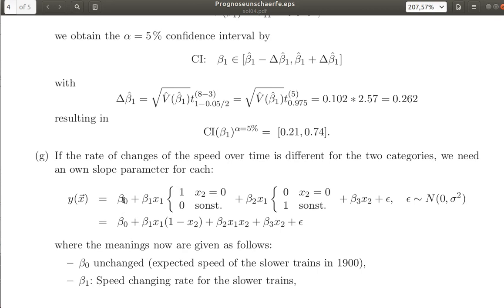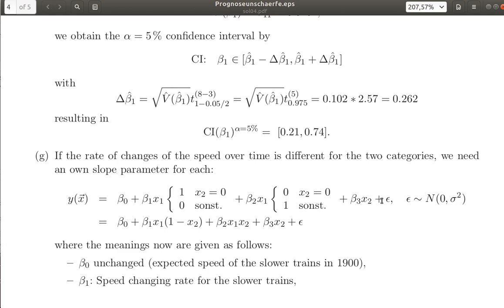So first the constant remains as is, then here we have the acceleration rate in time for the slow speeds, because it's only 1 if x2 equals 0 and 0 if x2 equals 1. Then beta 2 is now a new rate of acceleration in time for the faster trains, and beta 3 is the parameter for the dummy.